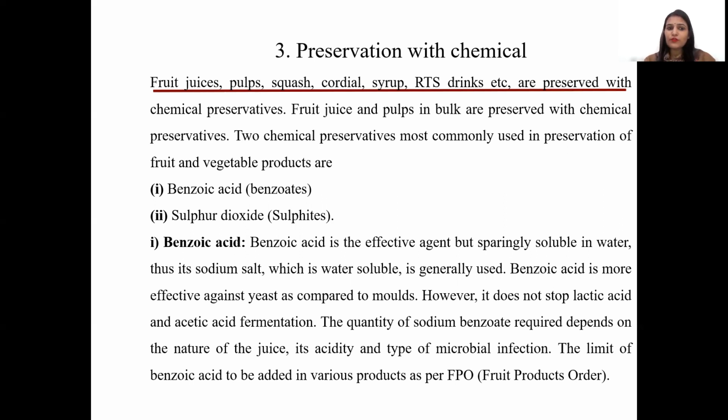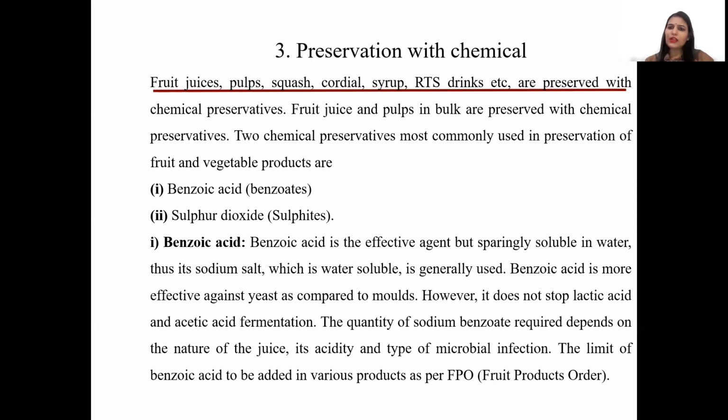So in place of benzoic acid, normally we use sodium benzoate. The same theory applies to sulfur dioxide, because sulfur dioxide is a gaseous form. Potassium metabisulfite is the stable form of sulfur dioxide, so we can store it, and it is available in the market in powder form.